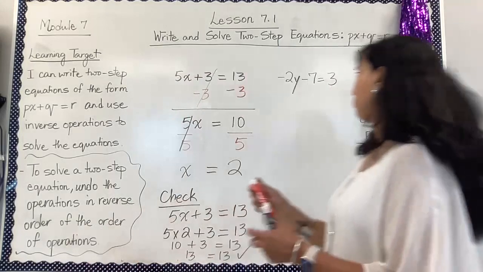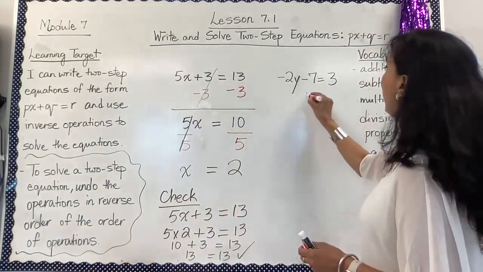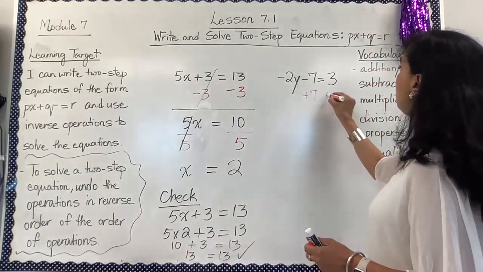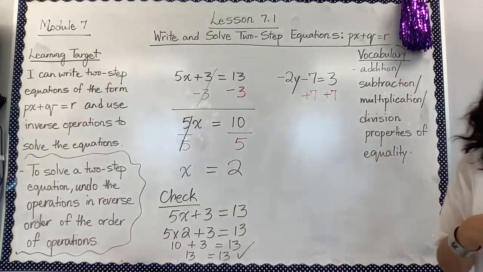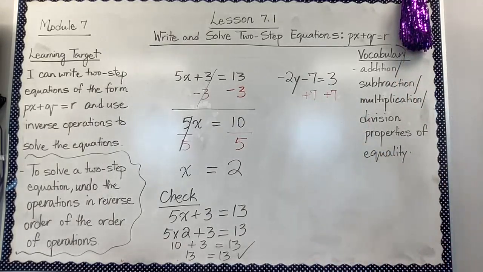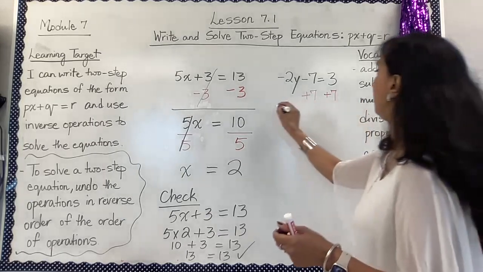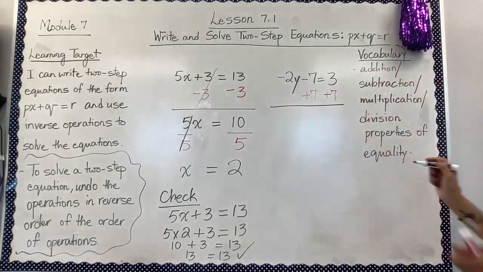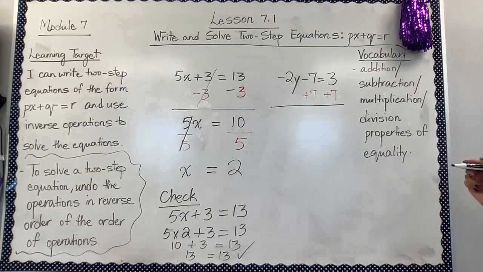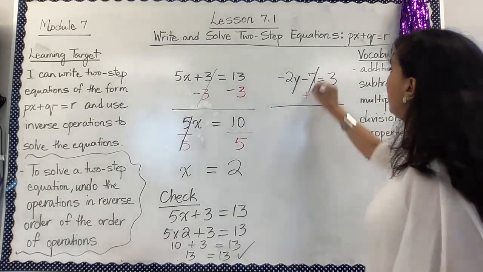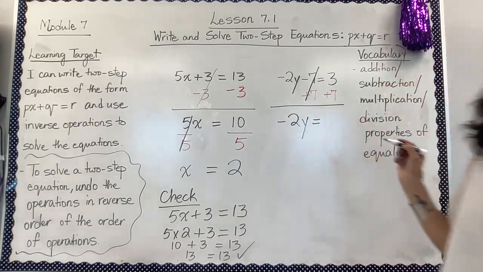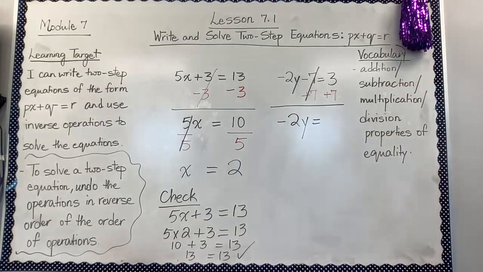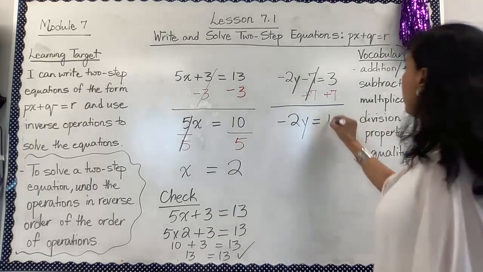And so we are going to add 7 to both sides of the equation, because when I add the same number to both sides of the equation, that is my addition property of equality. So 7 minus 7 is 0. I have negative 2y is equal to, and I get 7 plus 3, which is 10.